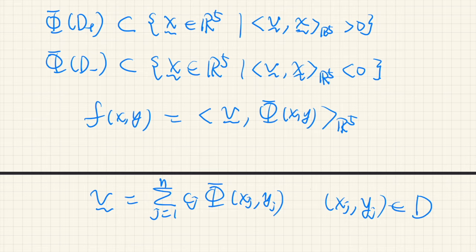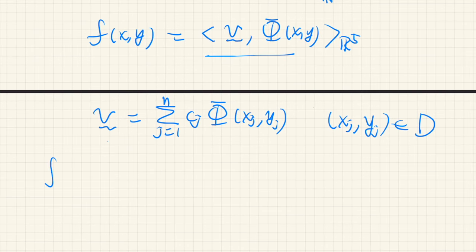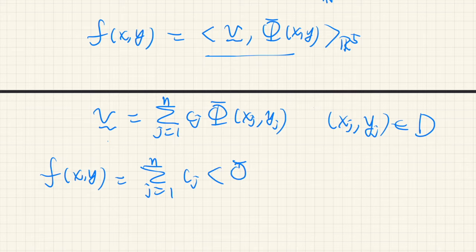So if we substitute this v into this, we have f of x, y equal to the sum j from 1 to n of cj times the inner product of phi of xj, yj and phi of x, y.